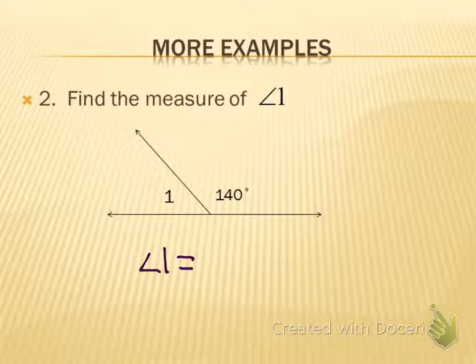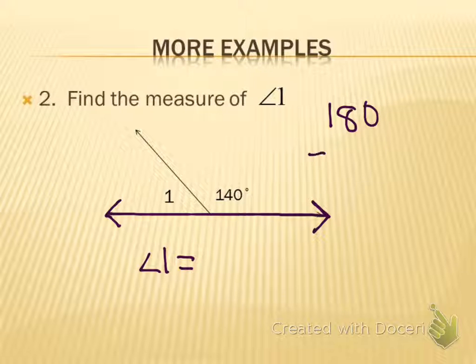Now, what type of angles are these? It's a linear pair. They are right next to each other and they form a straight line. Linear pairs should add to what? 180 because they're supplementary. Good. So if I start with 180 and I take away the part I already know, that should give me the measure of angle 1.